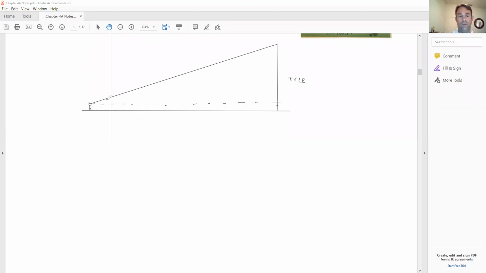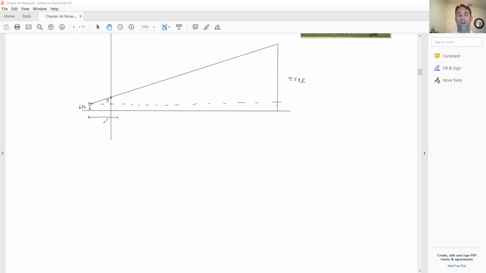They noticed that it was 5 degrees to the top of the tree. So what they did, this person, and let's let this person be 6 feet tall. I almost made 6 feet. 5'11", I was close.